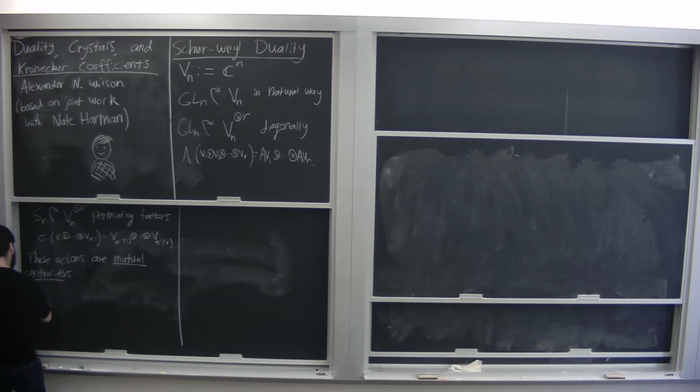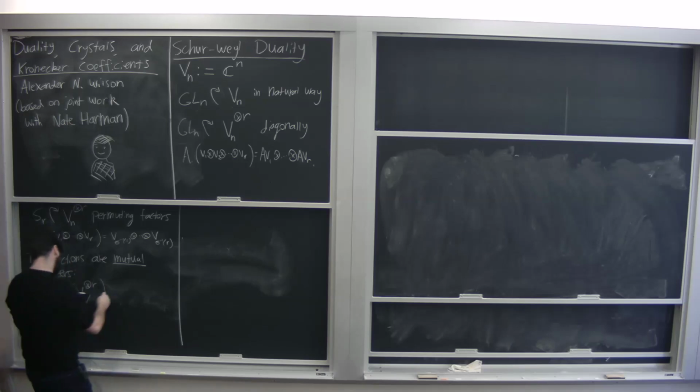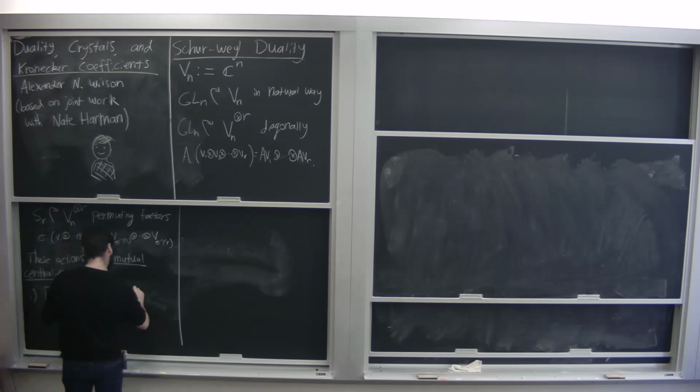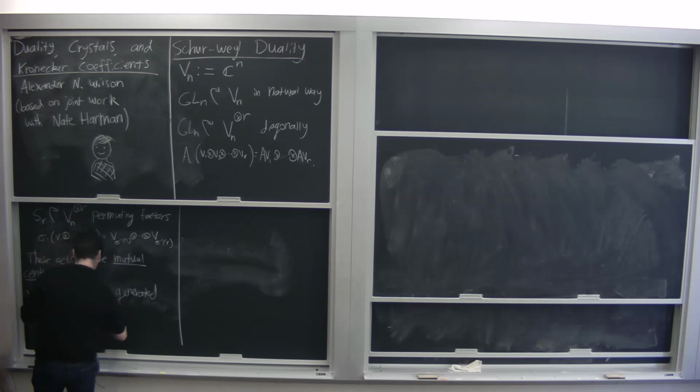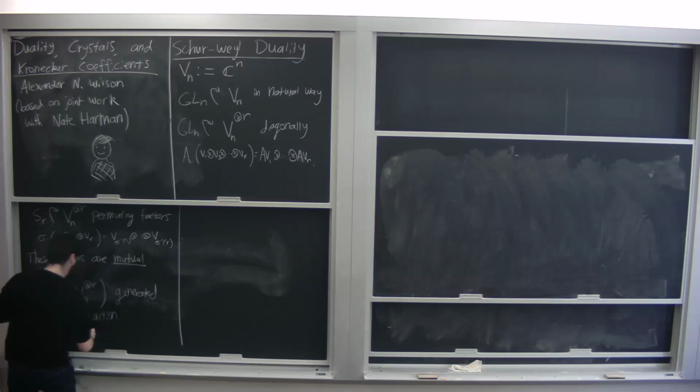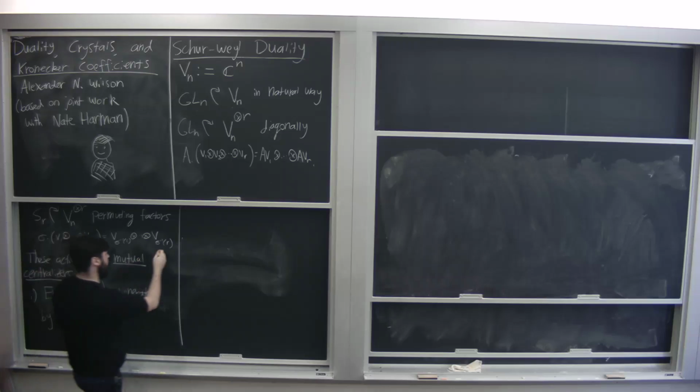What this means is that if I look at all of the endomorphisms of this tensor power that commute with the S_r action, this is generated by the GL_n action, and vice versa.